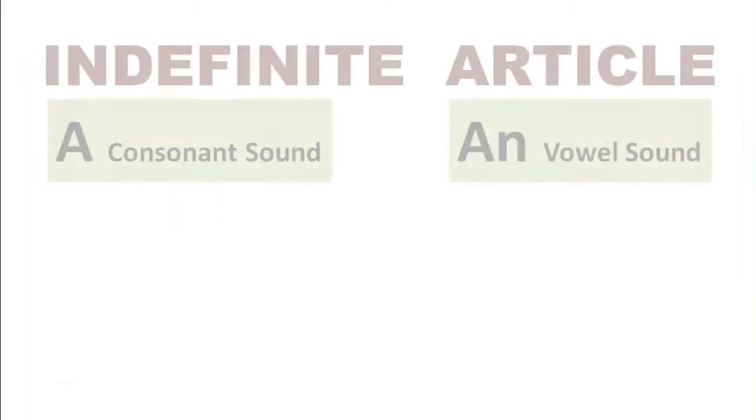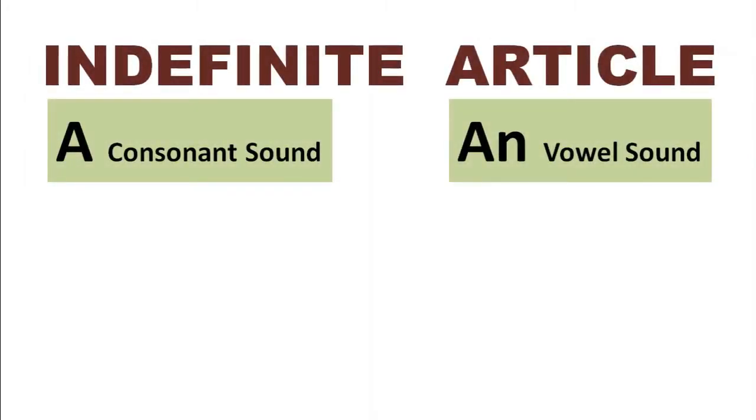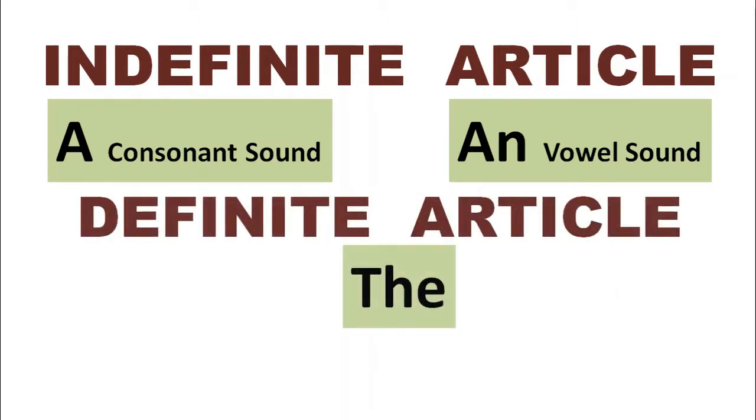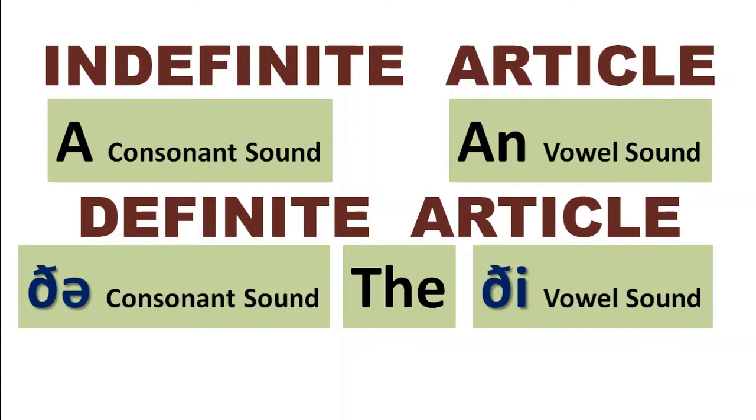Anyway, just to sum up, the indefinite article is a when we use a consonant sound and an when we use a vowel sound. The definite article is the, which is pronounced differently with a consonant sound and a vowel sound. So again, remember, consonant sound and vowel sound does change both the articles. It's both indefinite and definite.